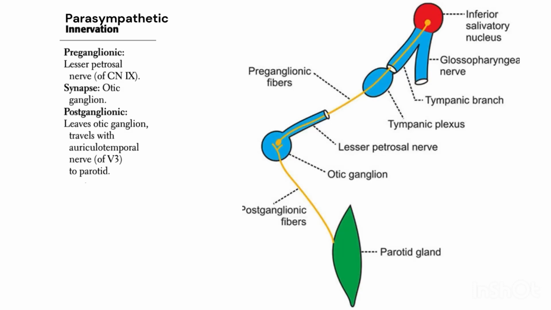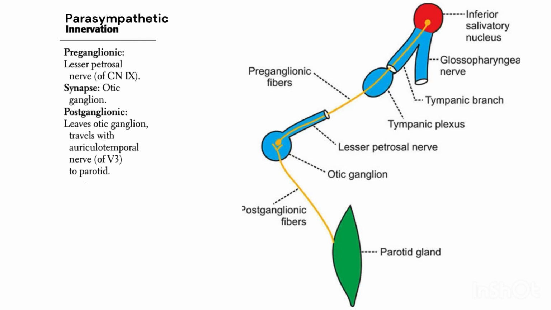So the most important slide and the most important thing to remember is the parasympathetic innervation. Whenever we talk about parasympathetic, we will always describe in three terms: preganglionic fiber, its synapse, and the postganglionic fibers. Now, as we can see in the diagram, it starts from the inferior salivatory nucleus.